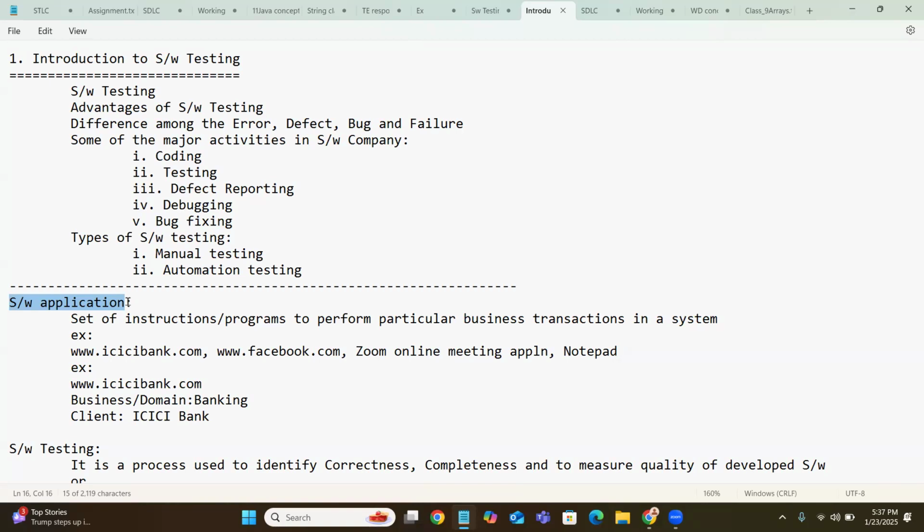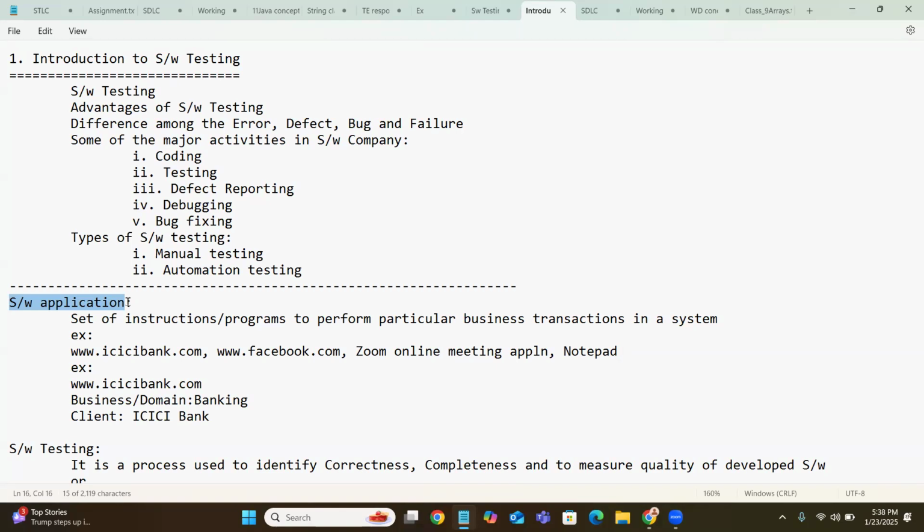Banking transactions. In the IT industry, the business area is called the domain. So banking domain. The client is the one for whom we developed the software; here I say bank.